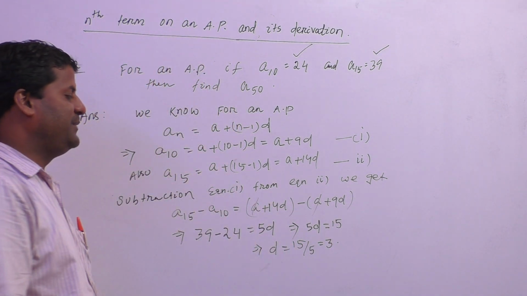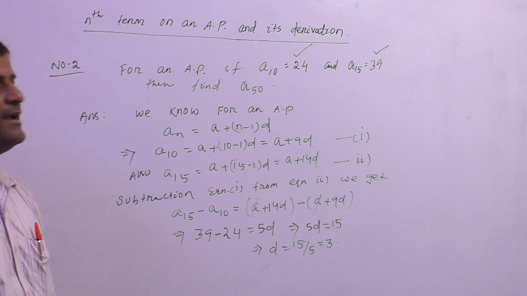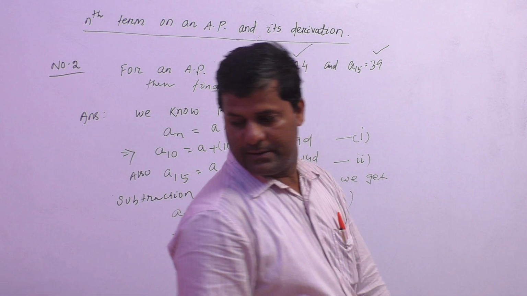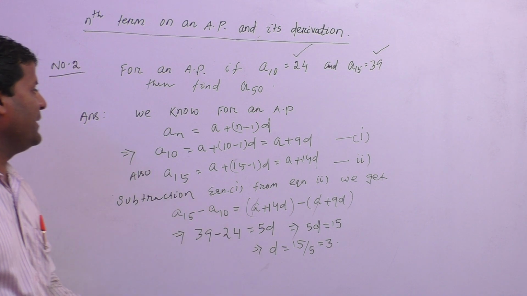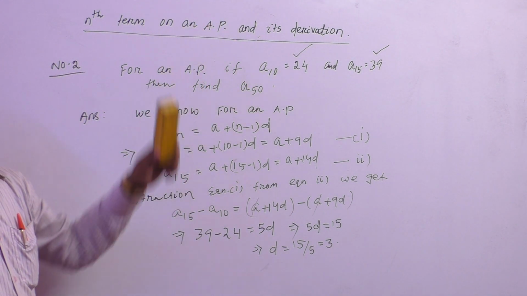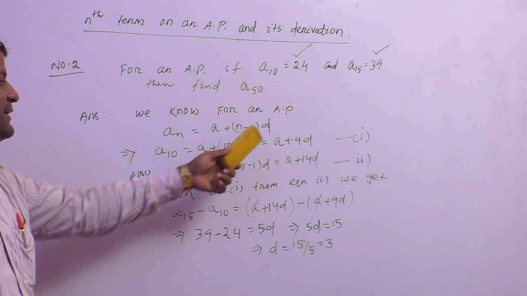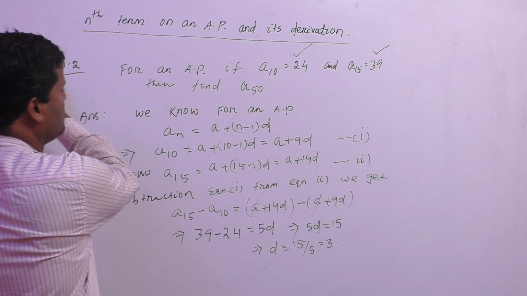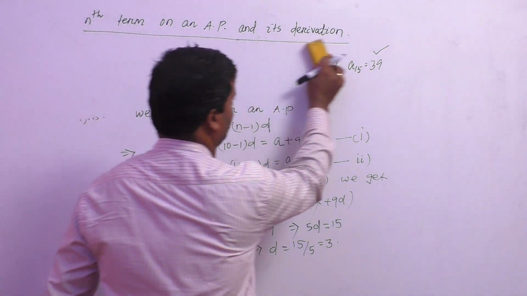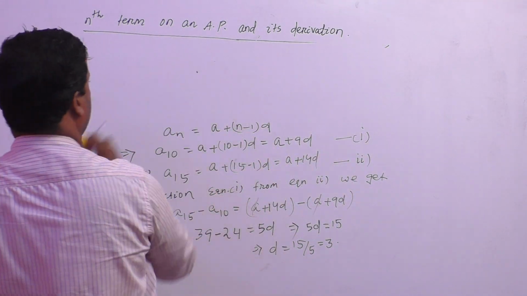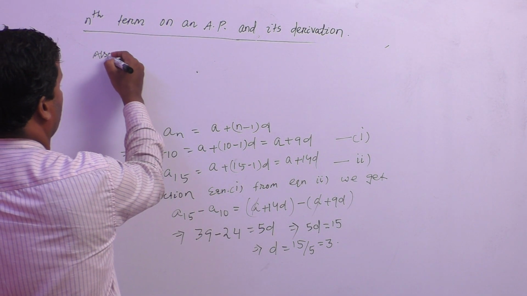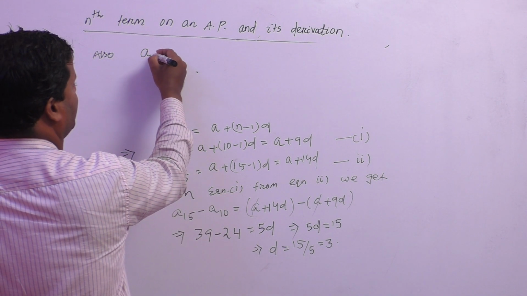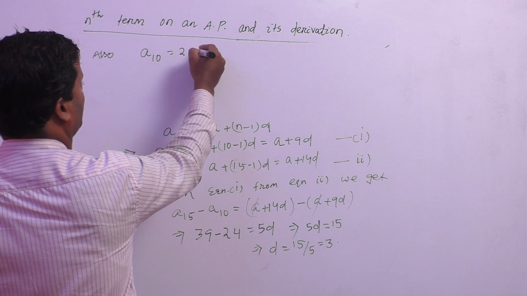After finding the value of d as 3, now we can easily find what is the value of a. Here the given 10th term is 24. Now a plus 9d, that is the 10th term, that is equal to 24.